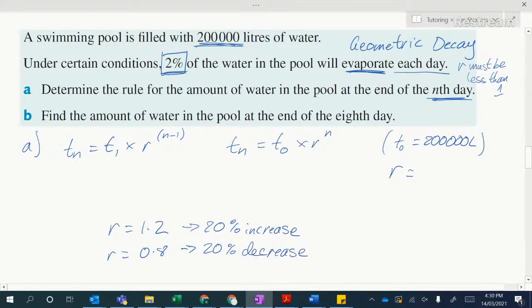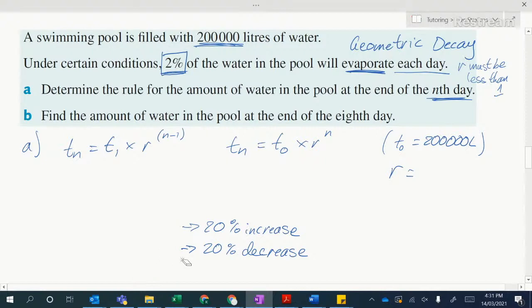Notice how I didn't put in 0.2 as my R value just because I wanted a 20% decrease. 0.8 is 20% taken away from 100%. So 0.8 represents a 20% decrease.